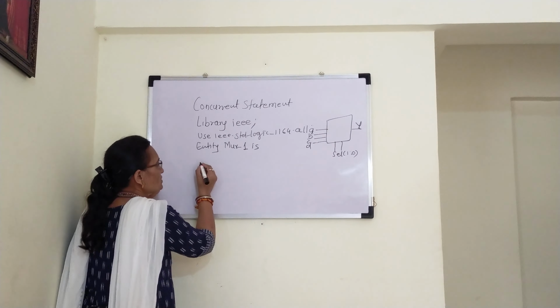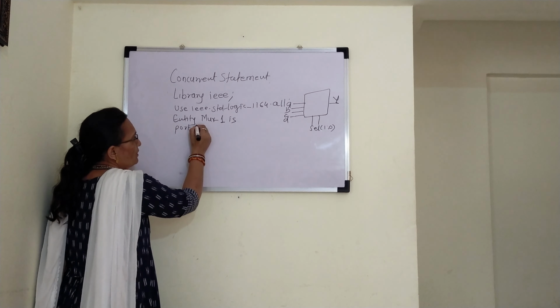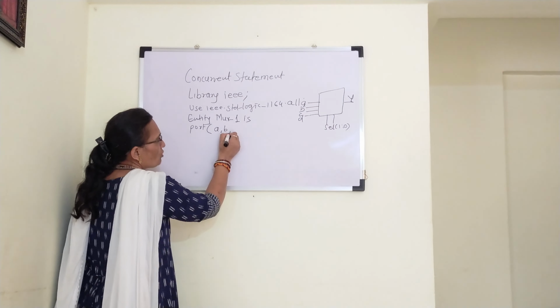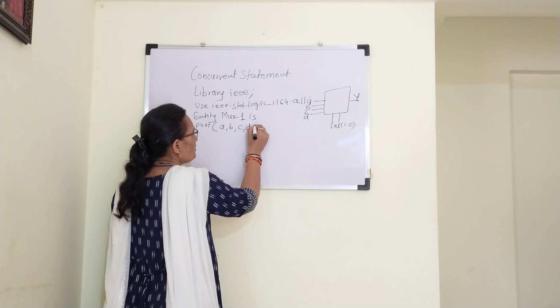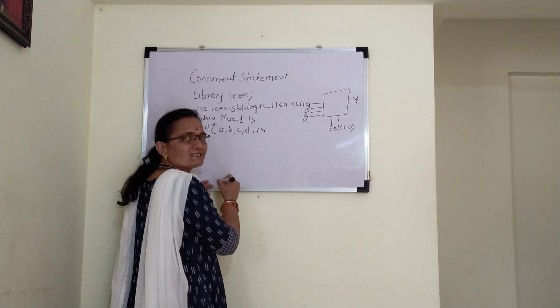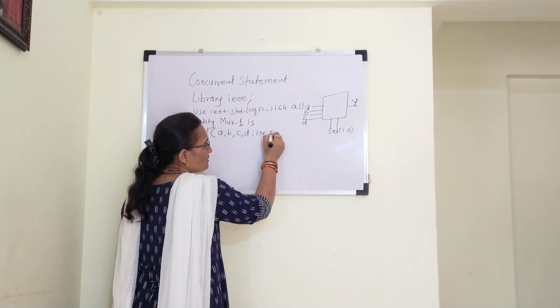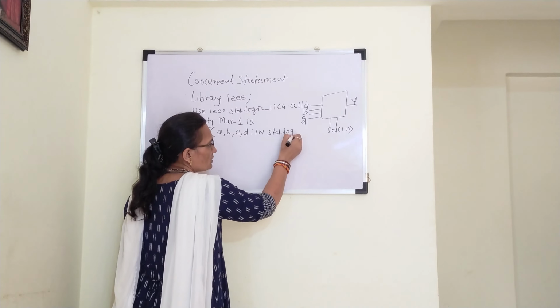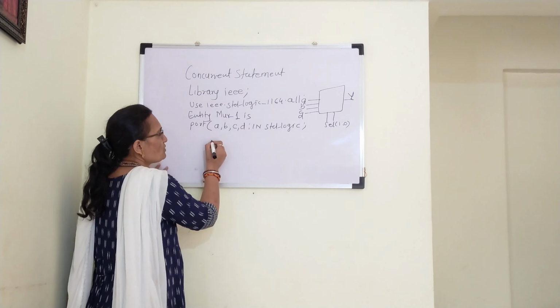Okay. So I will mention in your entity port, in brackets, A, comma B, comma C, comma D are the inputs. And write here in. The mode of the port is input mode, and the data type I am writing here is std_logic. Give the semicolon for this port. Now next one is your select line.